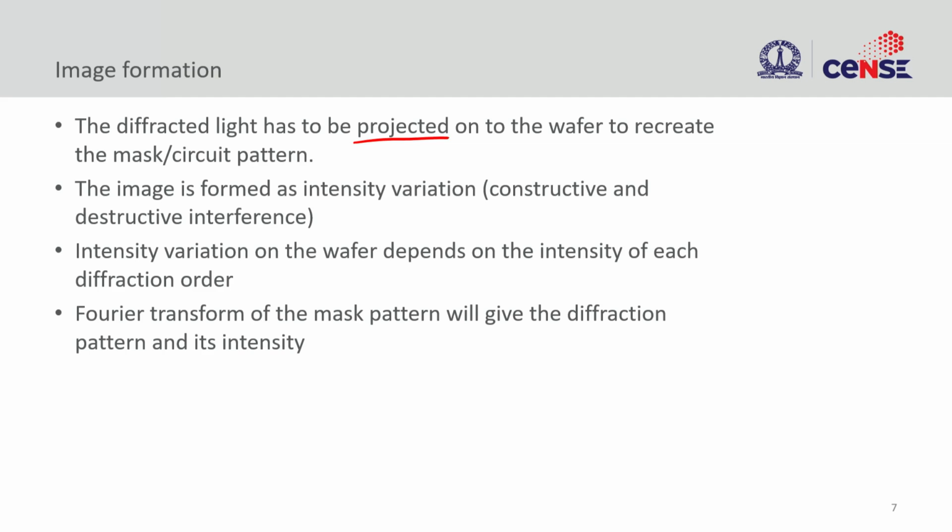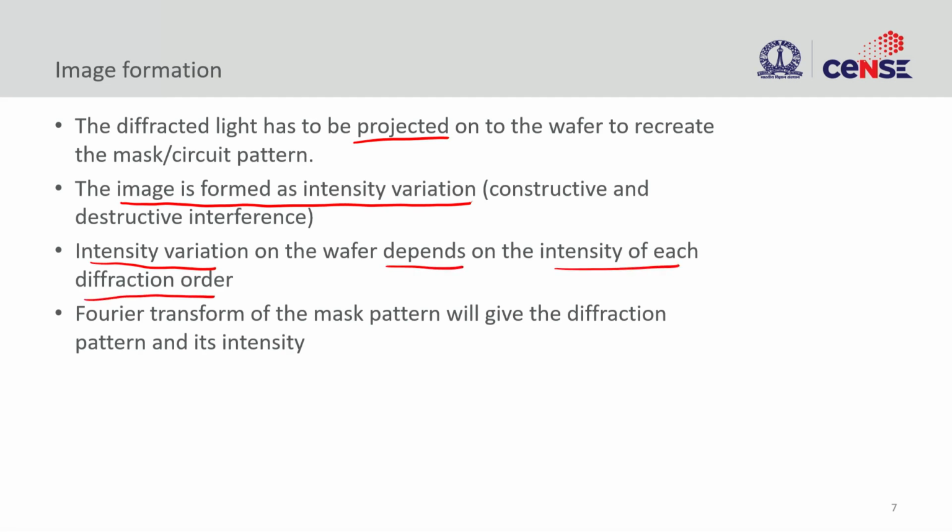The image formation is nothing but an intensity variation on the wafer. This is something we already know from contact lithography, that the intensity variation is going to change the solubility of your photoresist. The intensity variation depends on the intensity of each diffraction order.